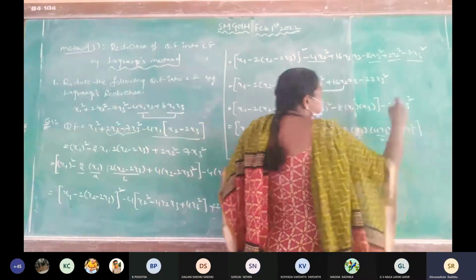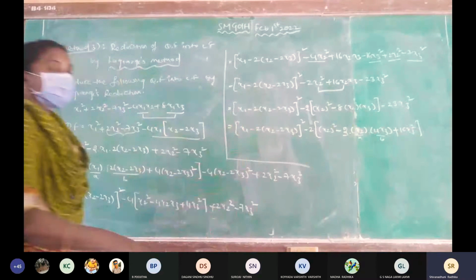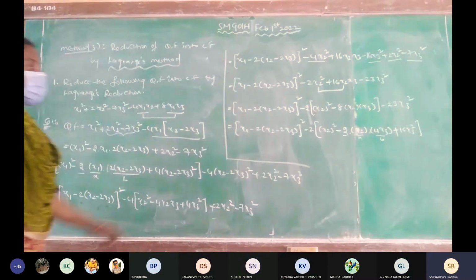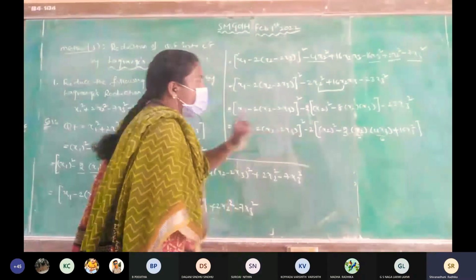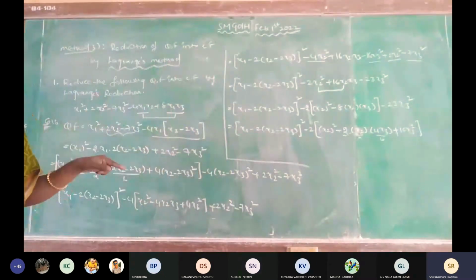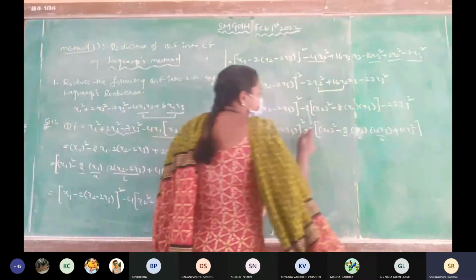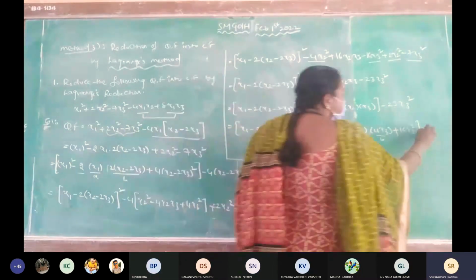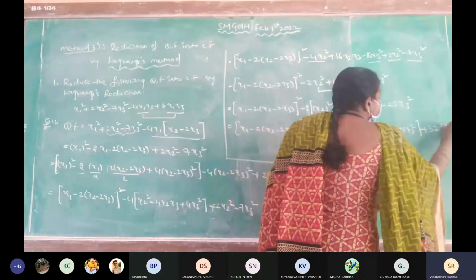16x3 square: again I am going to subtract 16x3 square, but we already have the minus 2 there. So how much are we subtracting? 16 into 2, 32. Minus 32x3 square, plus we have to add 32x3 square.